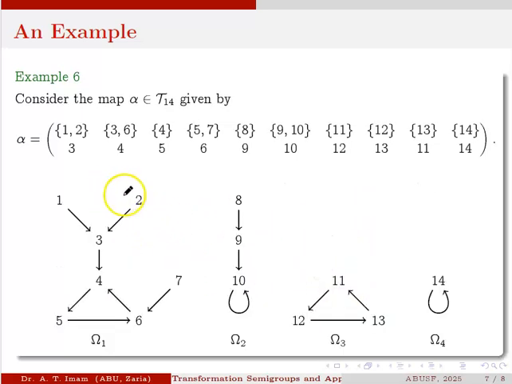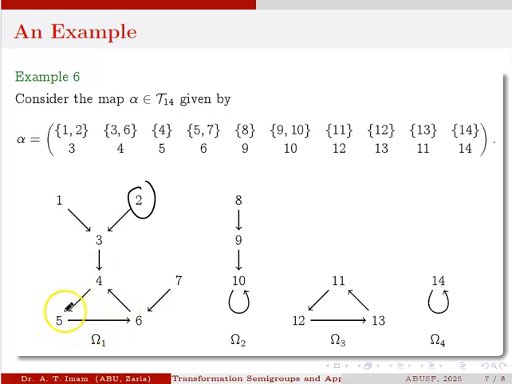And you can see that if you pick any point from a particular orbit and keep on applying alpha, for example, if I start from 2 here and apply alpha a certain number of times, I will eventually hit a point of the kernel. So if you apply alpha once and alpha twice, 2 alpha squared will get you to 4, which is already here.